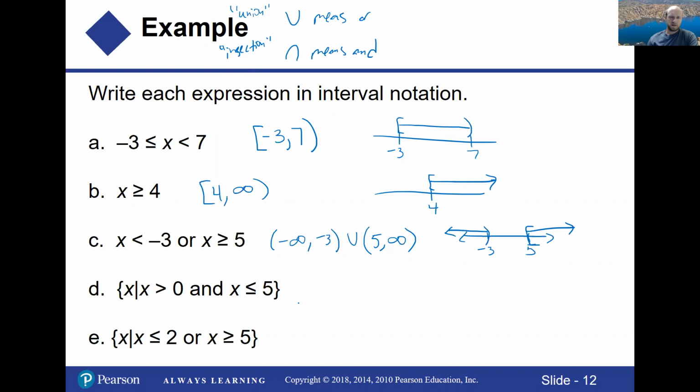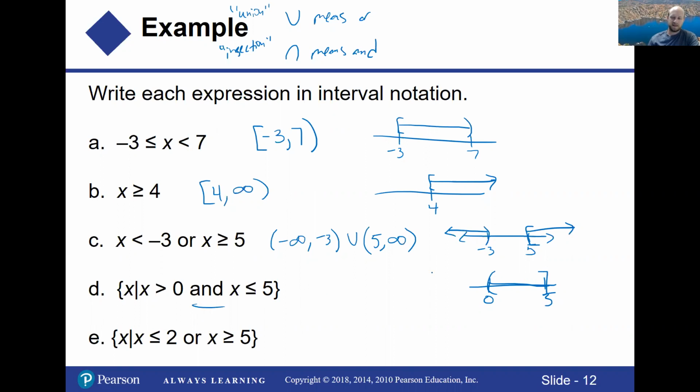This is just set builder notation, putting it into interval notation. So again, if it helps you, you could graph this. I have a 0 and I have a 5. X is greater than 0, so left parenthesis to the right, and then right bracket to the left, and then just connect those two.